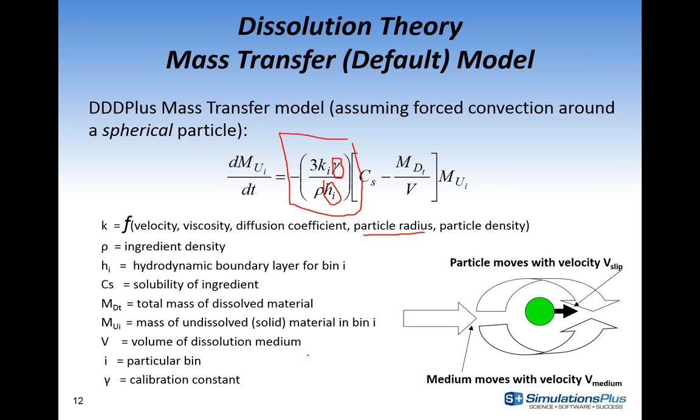In DDDPlus, we have the traditional diffusion coefficient, mass transfer coefficient terms, diffusion layer thickness, and particle size distribution separated from the calibration constant that can be optimized. So in a way, there is already a form of the Z-factor model in DDDPlus. And as Jim mentioned, I think we'll introduce the strict definition that is inside the GastroPlus program soon.